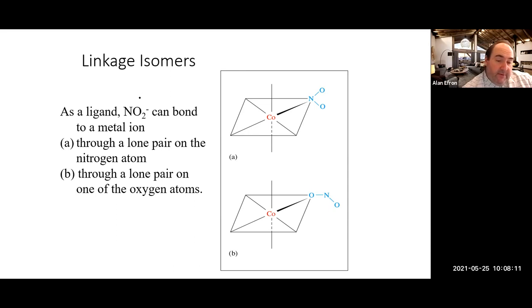So if we look at NO2 minus here, and if we draw it, it looks something like this, with a double bond happening there.